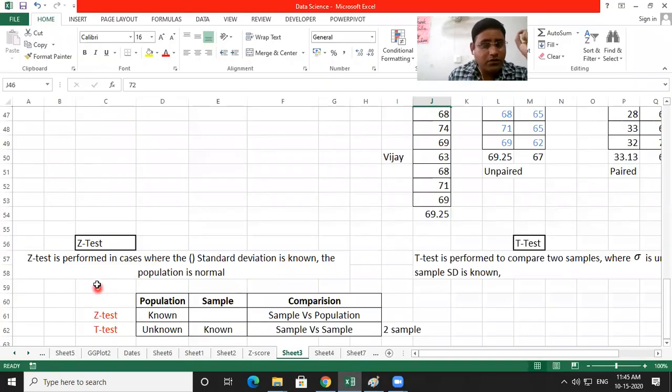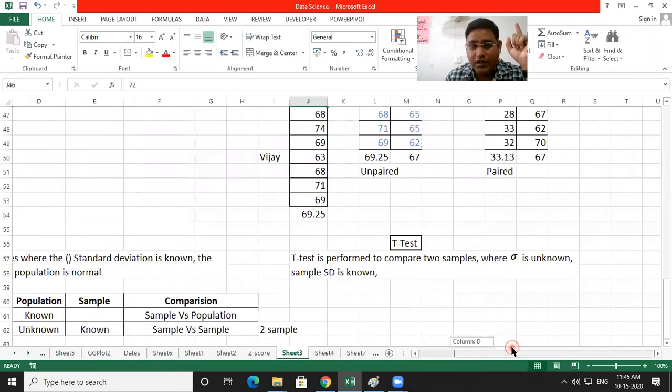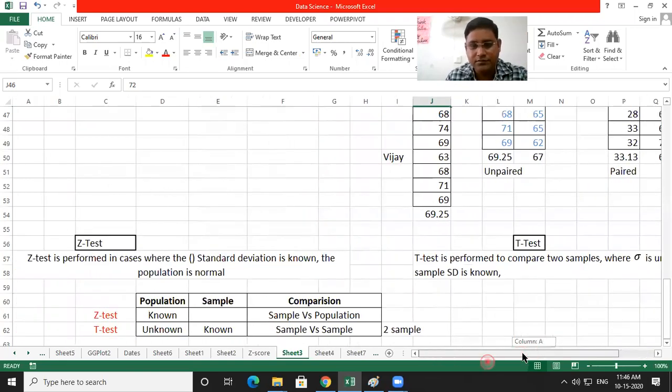Okay, so a z test is performed in cases where the standard deviation is known. Standard deviation of the population, I'm not talking about the sample. And a t test is performed to compare two samples where the population standard deviation is unknown, and it is very easy to find out.